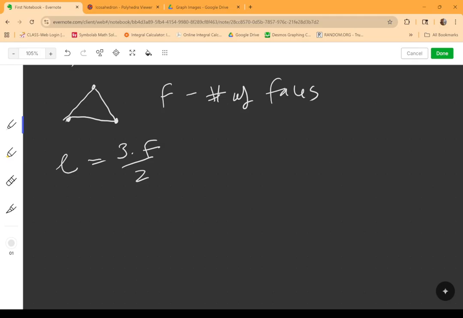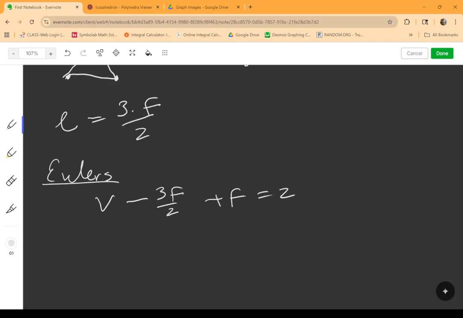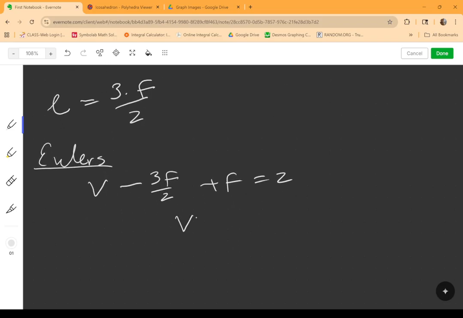Euler's formula states that v minus 3f over 2 plus f is equal to 2. In other words, if I solve for v, it's 2 plus f over 2. Now each vertex has the same degree.